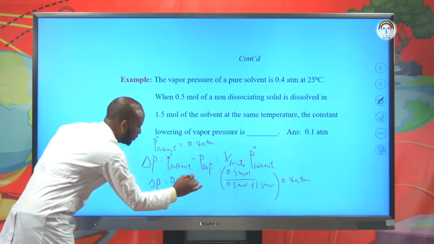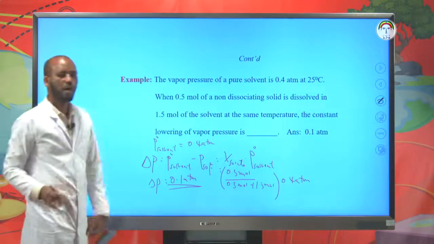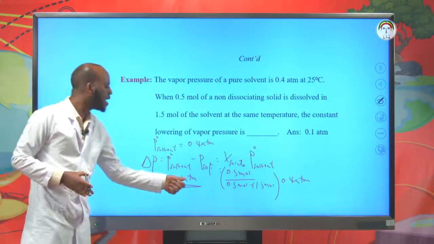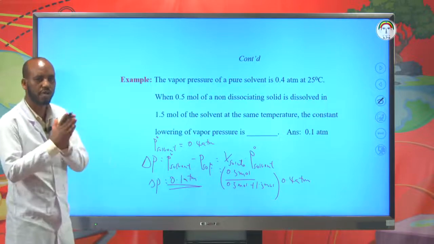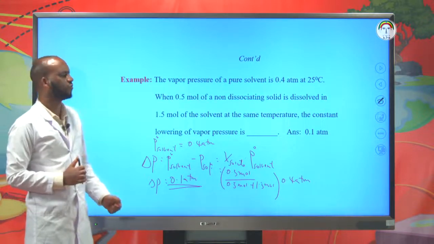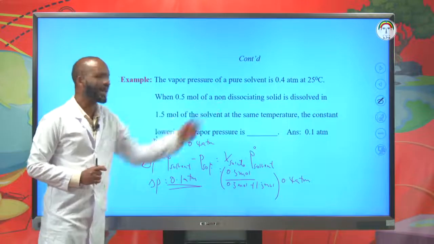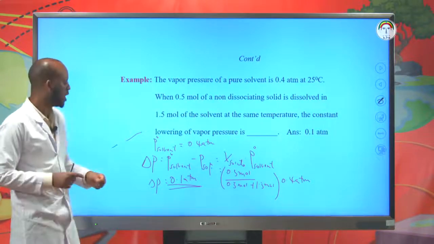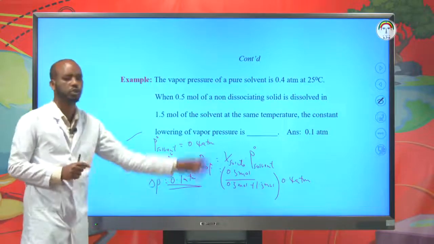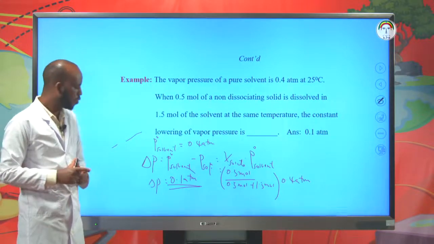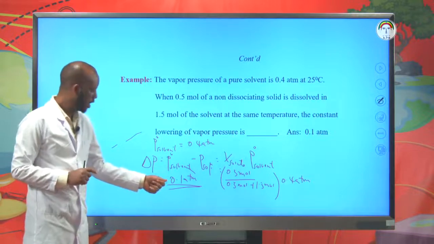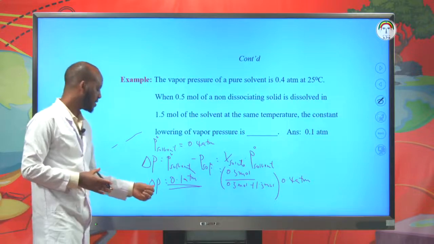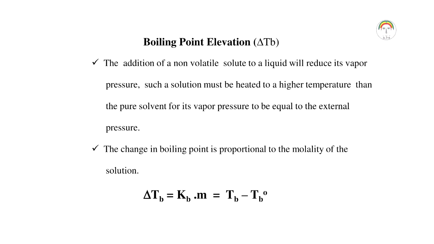The vapor pressure of a solution is lowered by 0.1 atmosphere because, as we said, addition of a non-volatile, non-dissociating solid into a solvent lowers its vapor pressure. This is delta P of this solution.